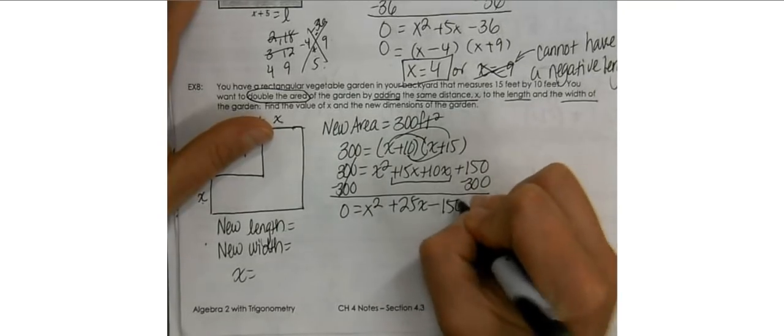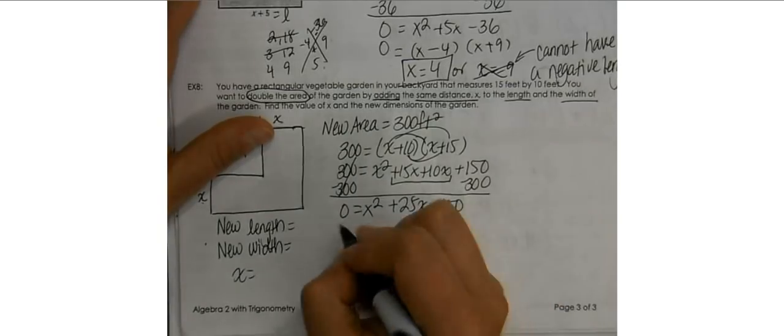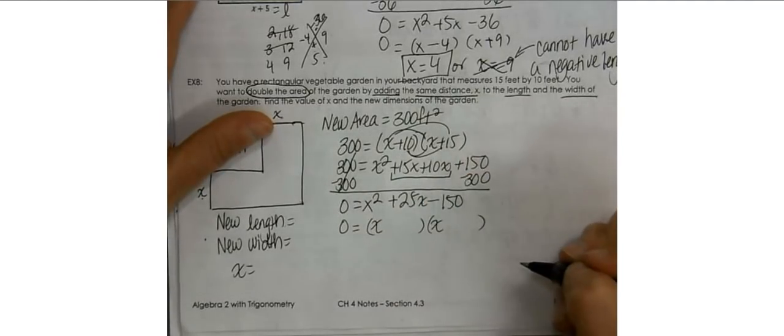Now I'm going to factor this quadratic by splitting the x squared into an x and an x. I need to figure out what two numbers multiply to equal negative 150, but together add to equal 25.